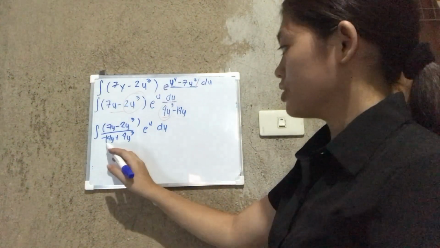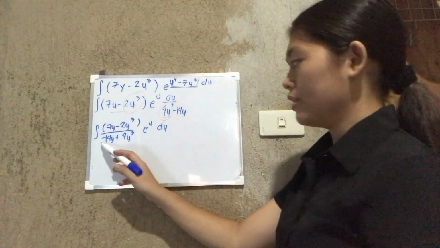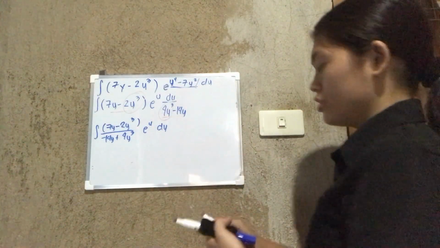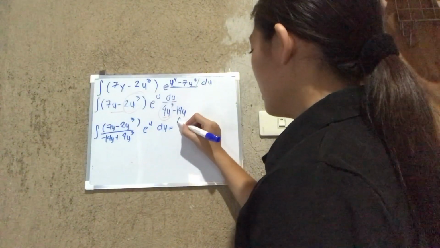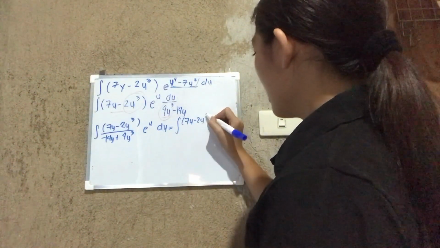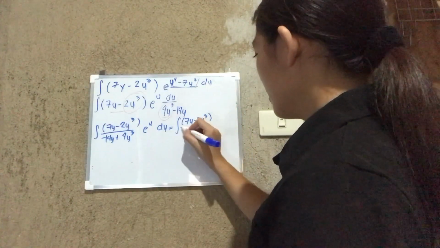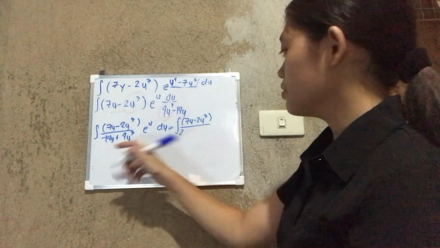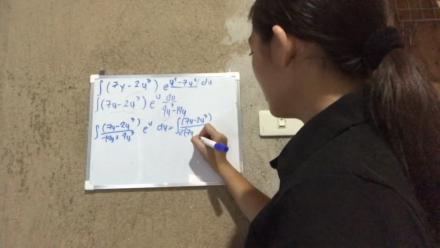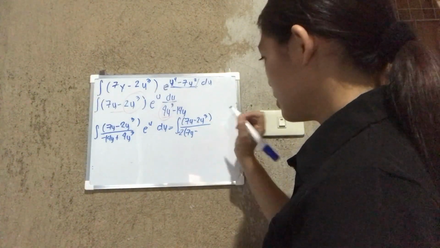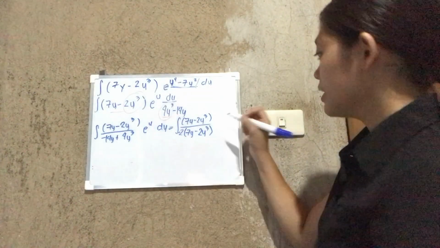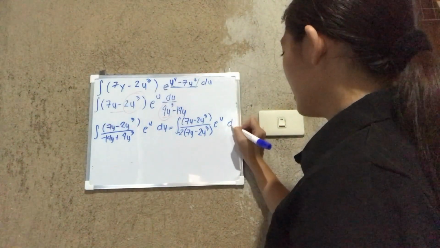And for this term, we can still factor out by negative 2. So we now have the integral of 7y minus 2y cubed, then factor out by negative 2, so it will become 7y minus 2y cubed. Then copy the e raised to u, then the du.